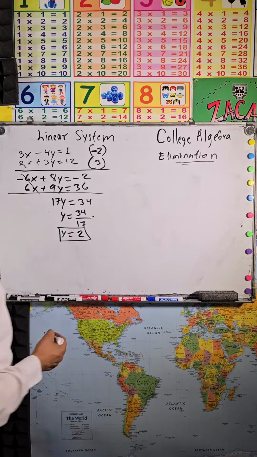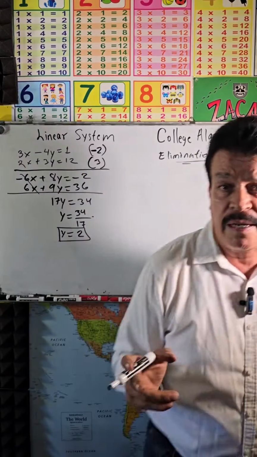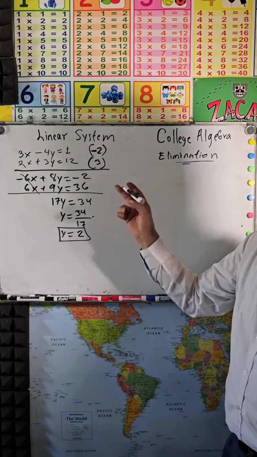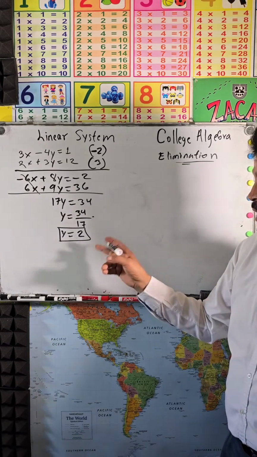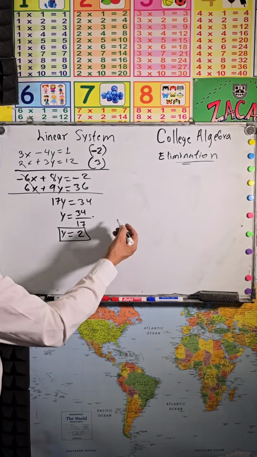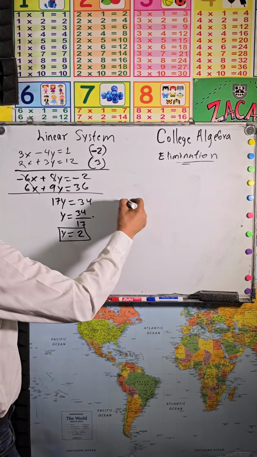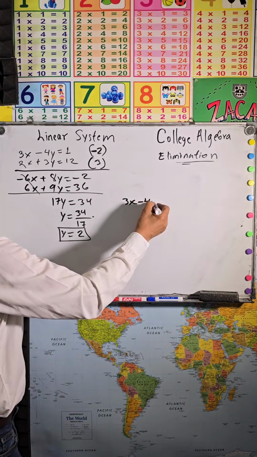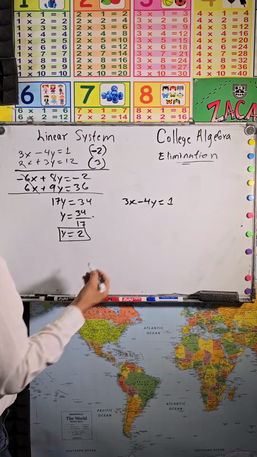We have the value for one variable. Now substitute the y in one equation, then you get the answer for the other variable. So here I will take 3x minus 4y equals 1.